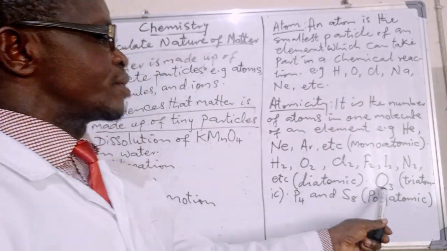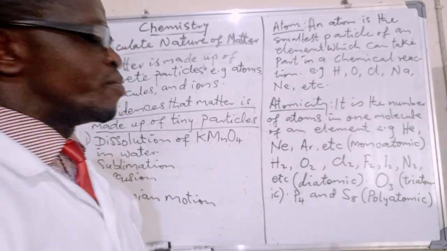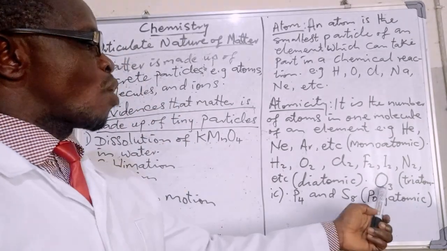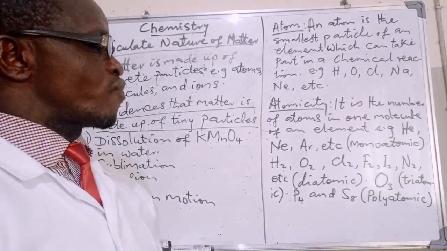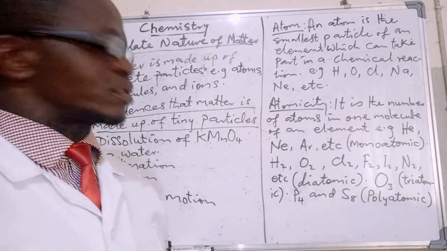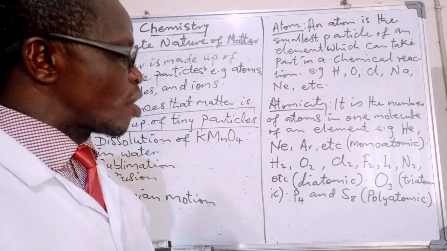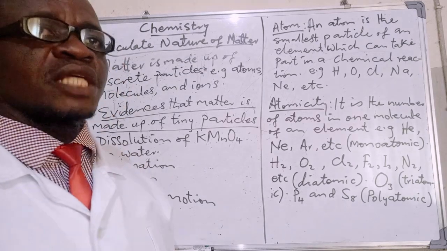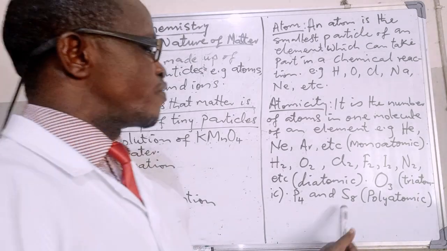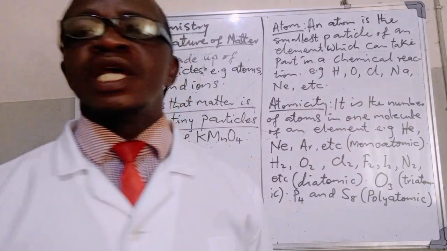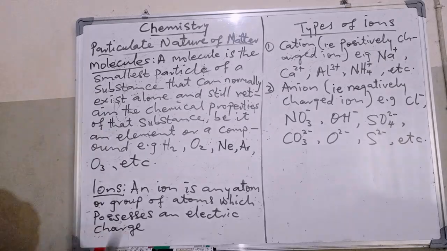Now, considering ozone, ozone is triatomic, meaning three atoms to one molecule. Phosphorus and sulfur are polyatomic. Phosphorus has four atoms in one molecule, while sulfur has eight atoms in one molecule, and the two of them are called what? Polyatomic.